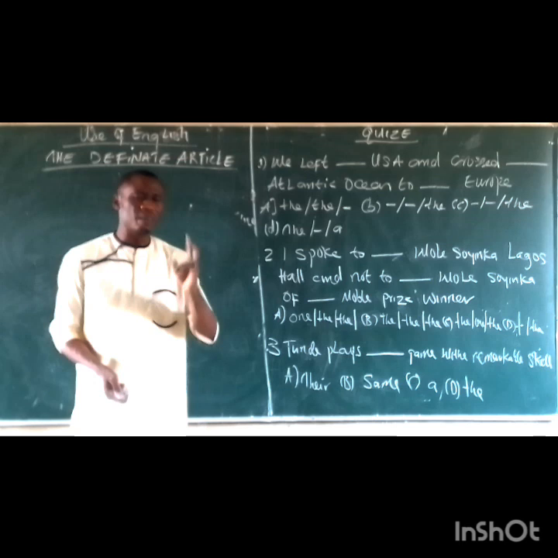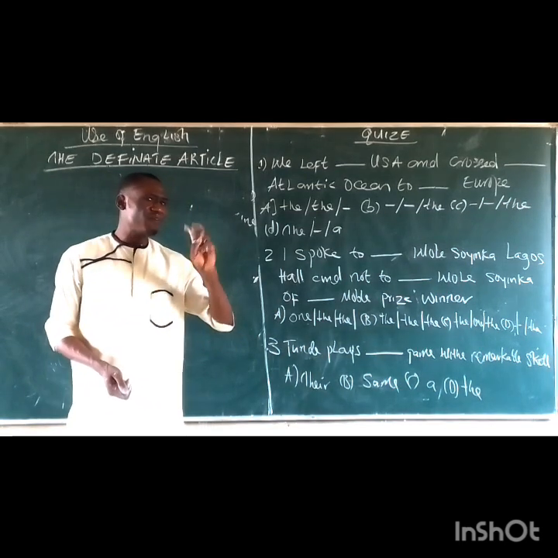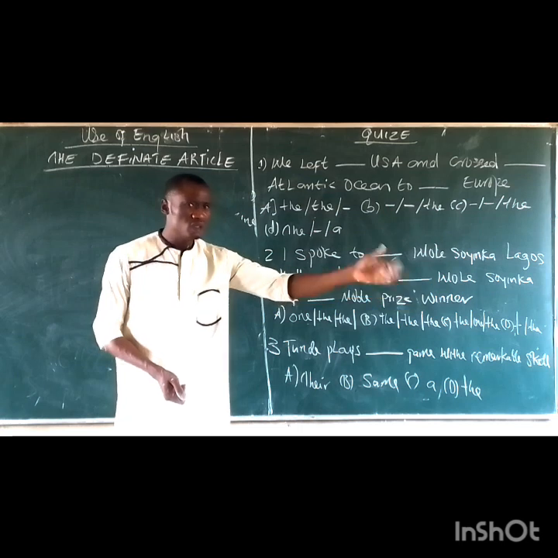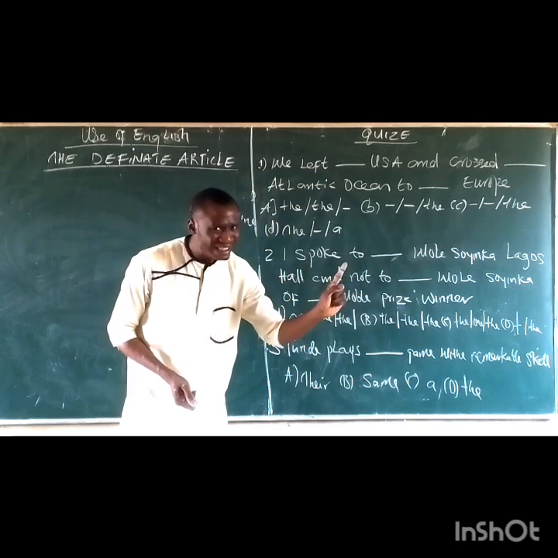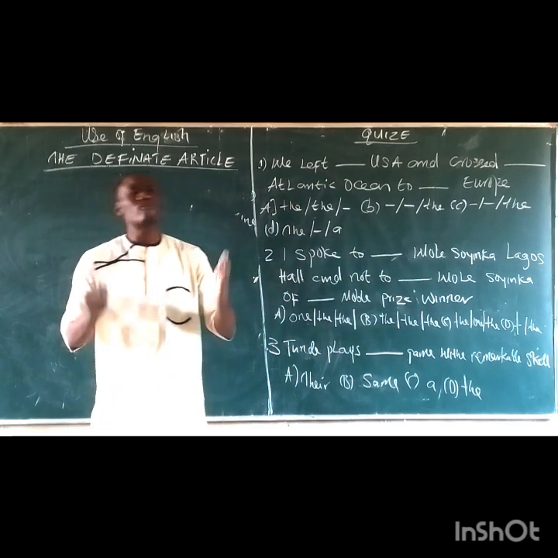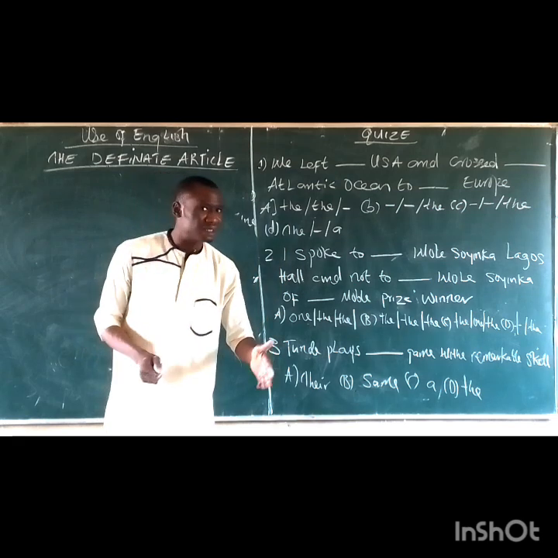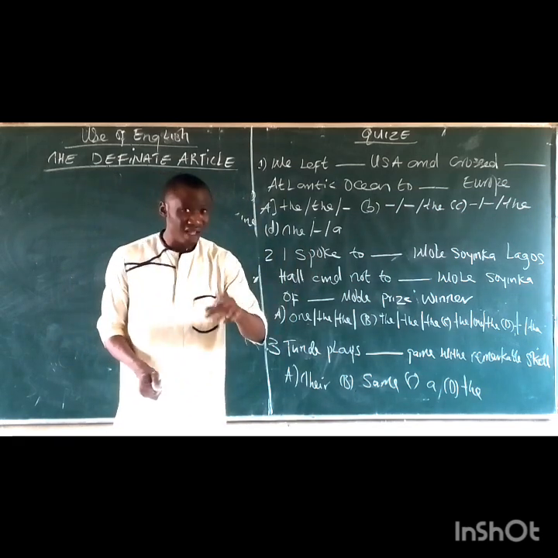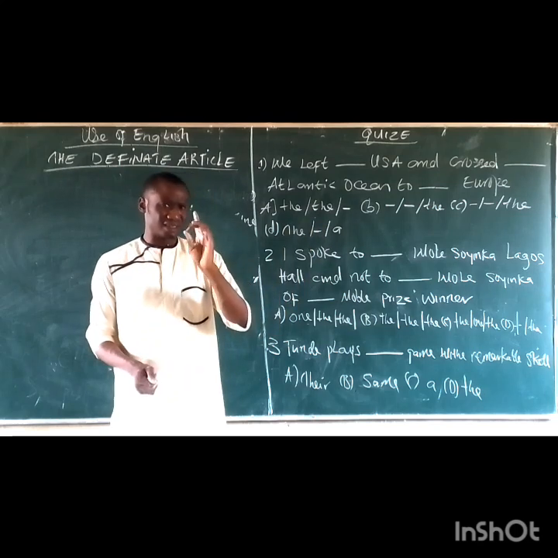The name that is well known should attract D. And take it again. When you have two definite articles in a sentence, the one that is well known or popular is the one that should attract D.